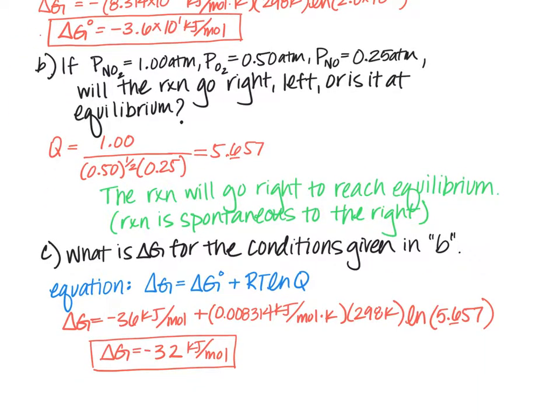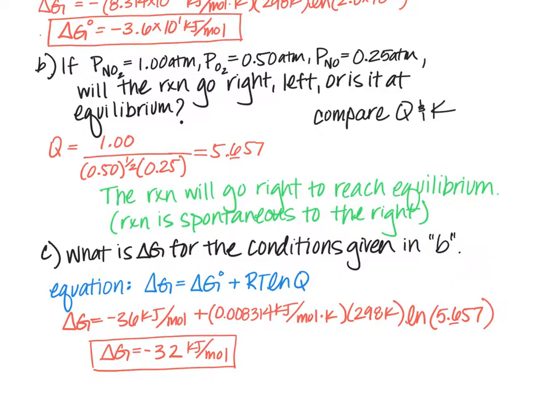Because K is already given to me, really all I'm doing in this problem is comparing Q and K. This doesn't relate to any specific thermodynamic equation that was given in chapter 20. It's just comparing Q and K.